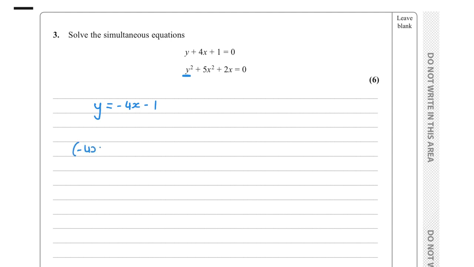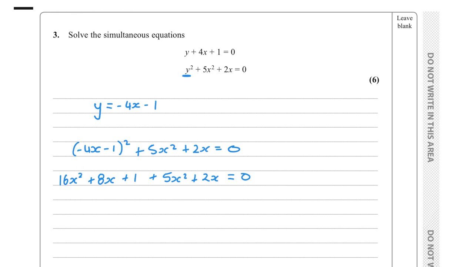So I'm going to have minus 4x minus 1 squared plus 5x squared plus 2x equals 0. This is going to give me 16x squared plus 8x plus 1 plus 5x squared plus 2x equals 0 once I've expanded this out.